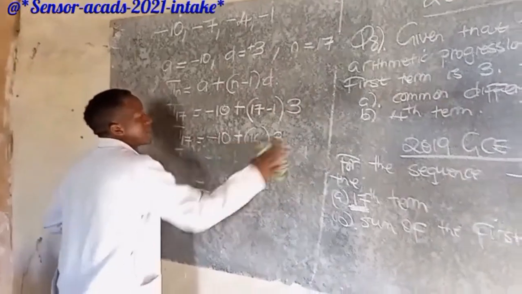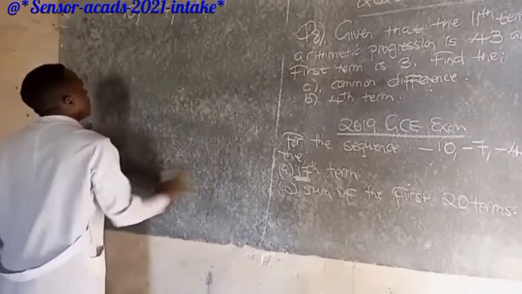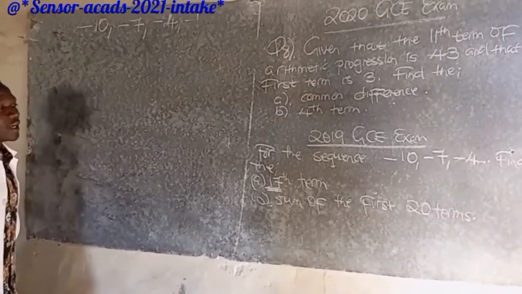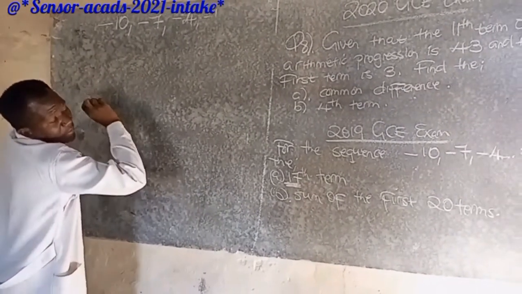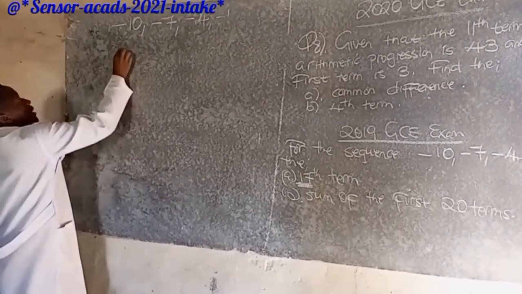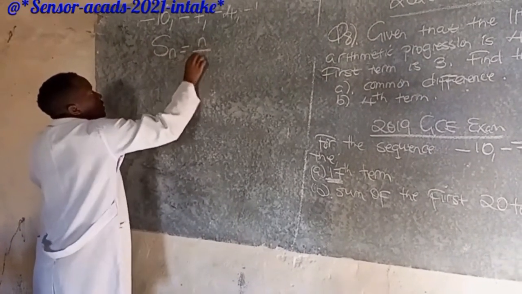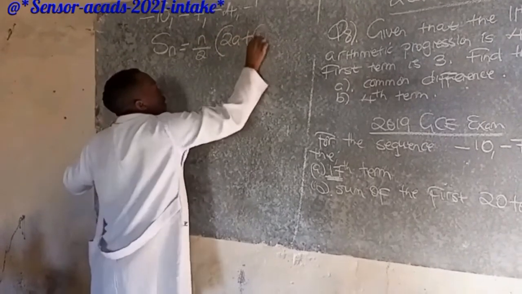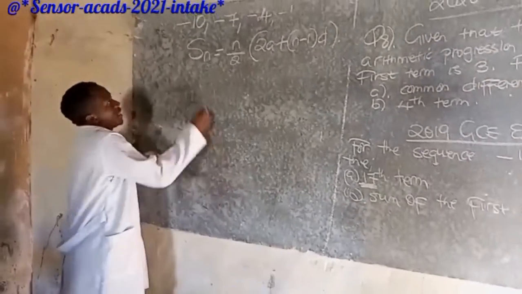So let's answer the last question. The last question is saying, find the sum of the first 20 terms. The sum of terms is given as n over 2, open brackets, 2a plus (n minus 1)d.